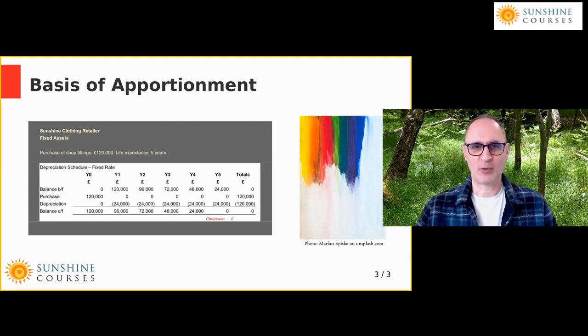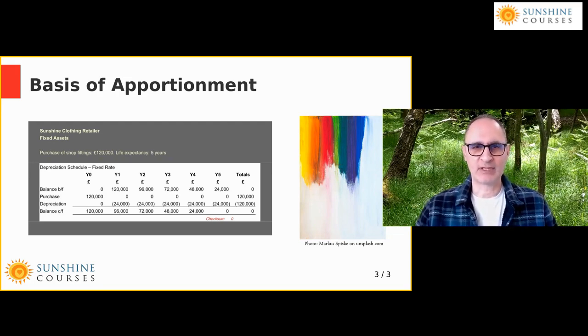Well, in the example we've got here, year 0, remember, is the accounting way that we talk about the start of any accounting period. And then the rest of the columns are what happens in year 1, then year 2, then year 3, and so on. And right at the very, very beginning of this period, we spend £120,000 to buy these assets.